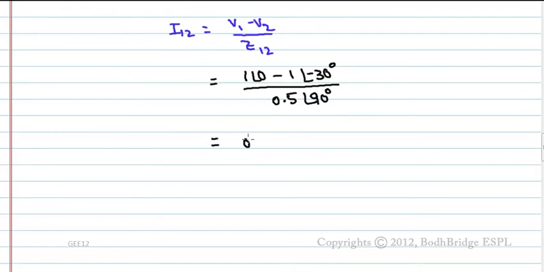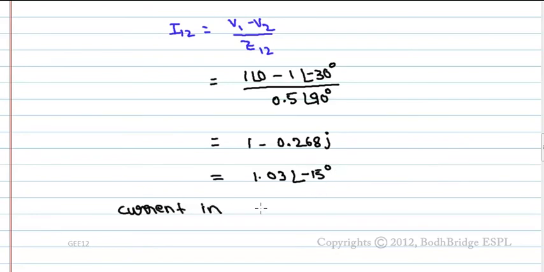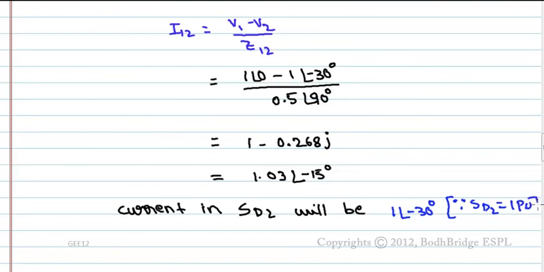This equals 1 minus 0.268j, or 1.03 at an angle of minus 15 degrees. Current in SD2 will be 1 at an angle of minus 30 degrees, since SD2 equals 1 per unit.